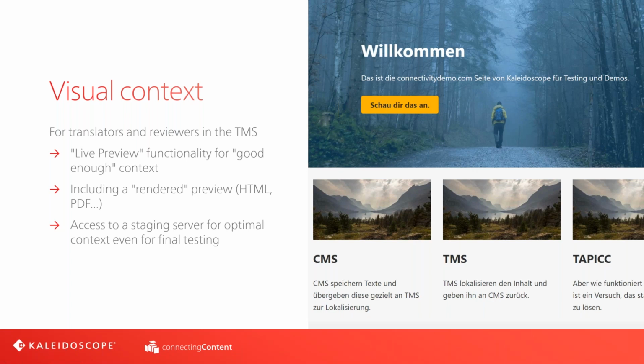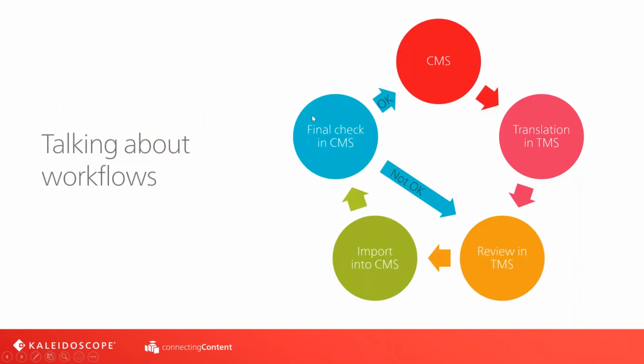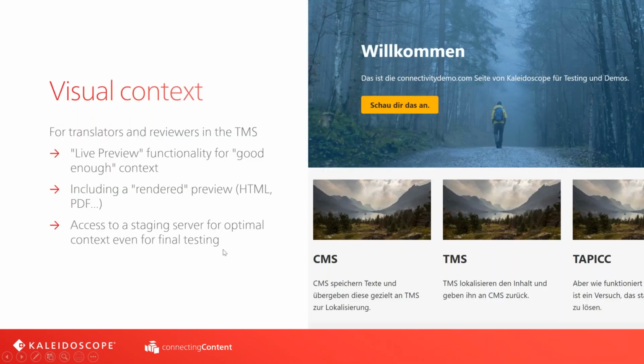It is ideal if the localization phase can have access to that, because then we can implement in the localization review and translation tools the ability to actually see what you are translating on that staging server. So going back to the workflow, you don't find out later that you completely misunderstood the layout, because you can see it on the staging server as you are translating. And of course, it's a lot easier to implement changes than in the TMS.